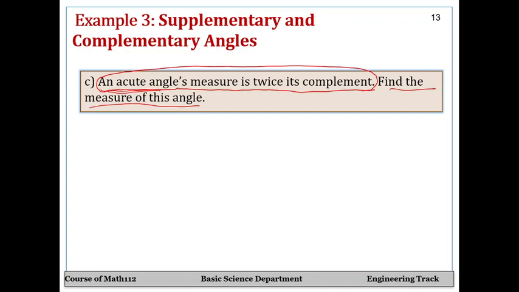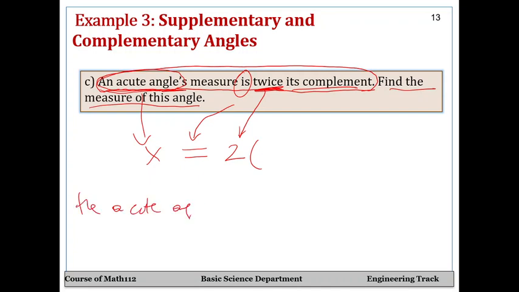So let's call this acute angle x, and its measure is twice its complement. Twice means two times. So the acute angle is x. What can you say about its complement?